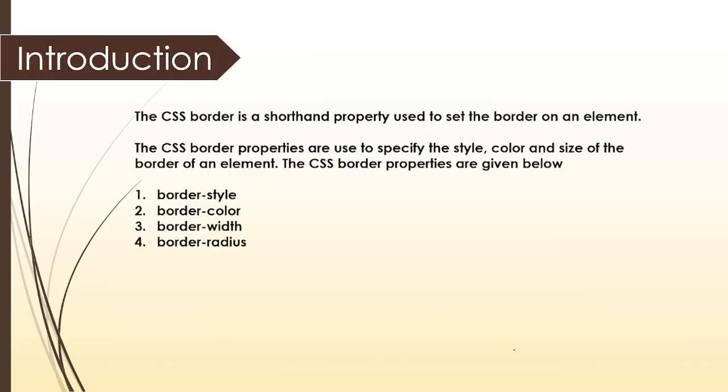So before moving to the official definition of cascading style sheet border properties, let's discuss some benefits or advantages of using this property. One of the main benefits is that it enables you to separate parts of the website that you might be designing. For example, let's take an example from this page only. This is the definition part of CSS border, and this is the types or different properties of CSS.